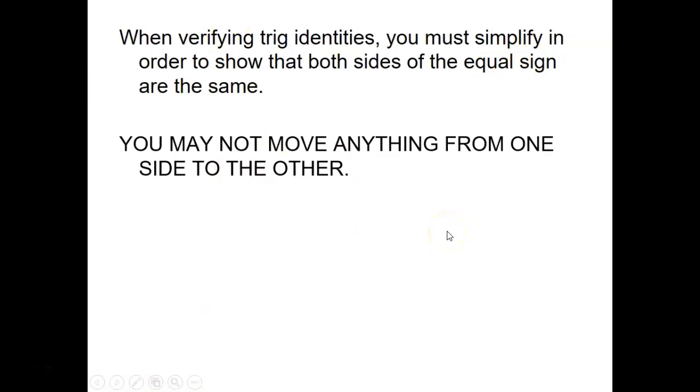So when verifying trig identities, you must simplify in order to show that both sides of the equal sign are the same. And this is really important here. You may not move anything from one side to the other. So this is not like solving an equation where we subtract 2x from both sides.